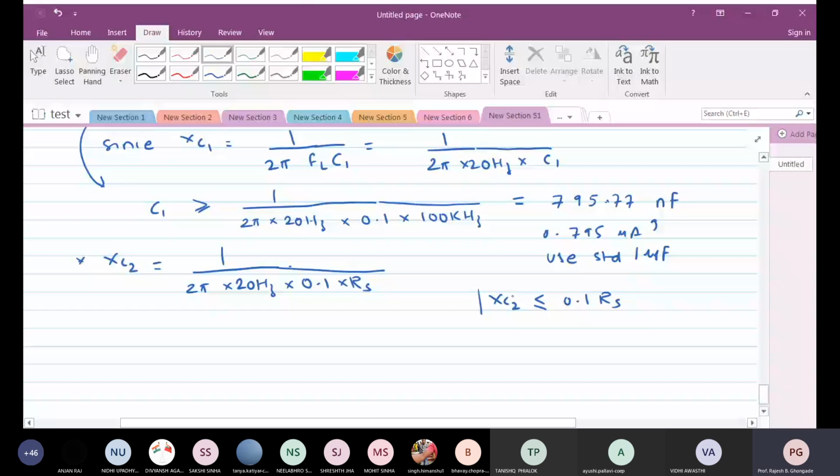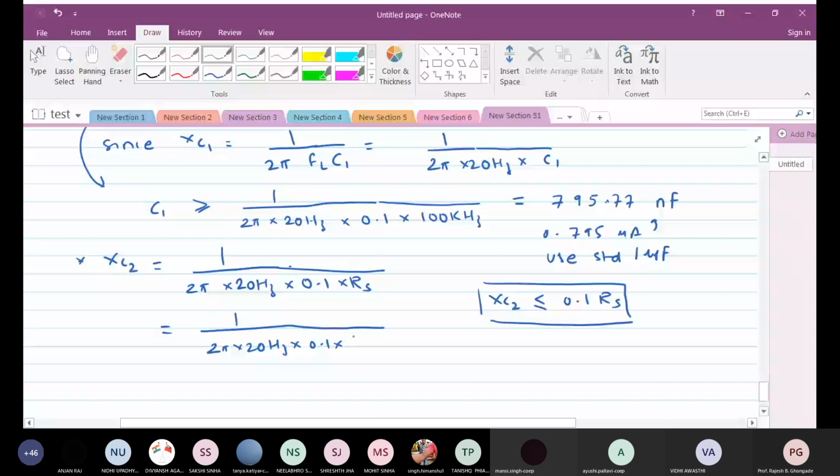This is the underlying equation. So can you find this out now? 1 upon 2 pi into 20 hertz into 0.1 into RS. We had calculated 1.33 kilo-ohms, but we had selected 1.5, so 1.5 kilo-ohms.